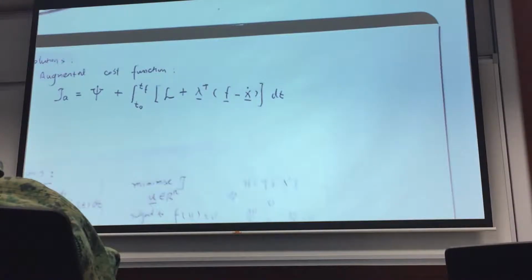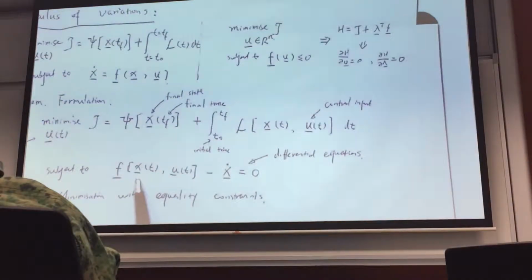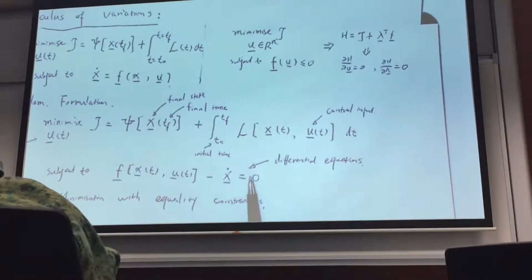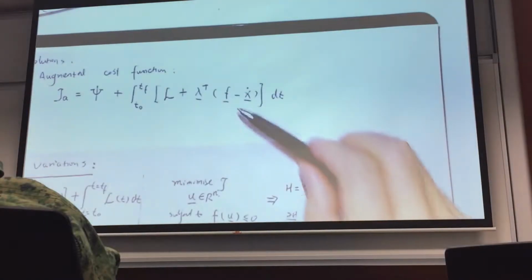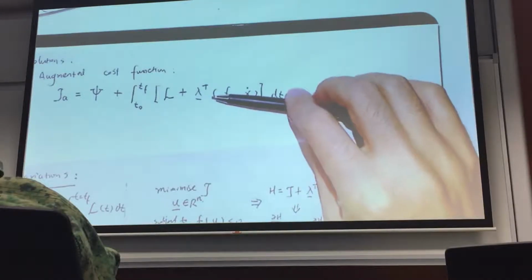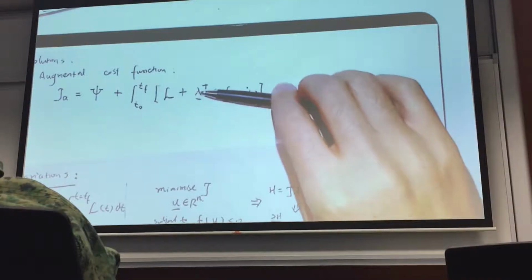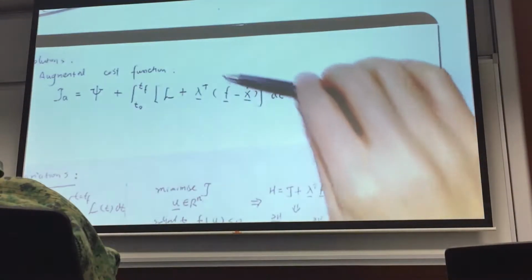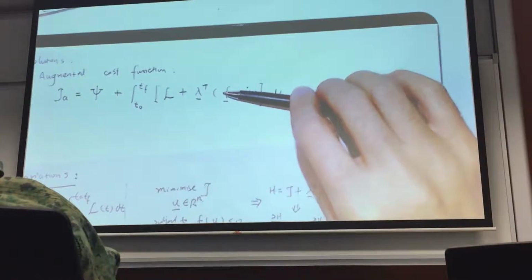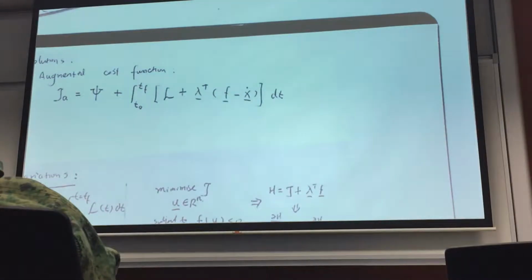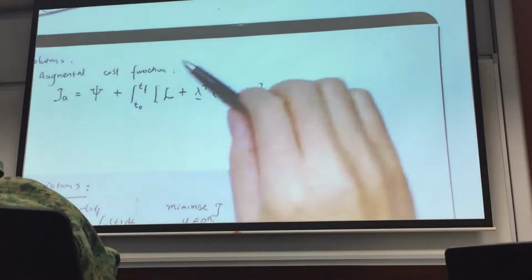For f, we have the format right here: f minus x dot equal to 0. That means this part is actually equal to 0 at the solution, so it will not affect the original function. So we augment the cost function in this way.